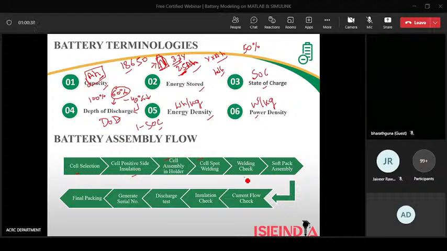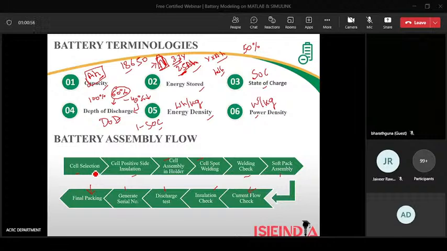Then we go for the welding check, then soft battery pack assembly, then the current flow check, then insulation check, and the discharge test. We generate the serial numbers, and then the battery goes for the final packing.